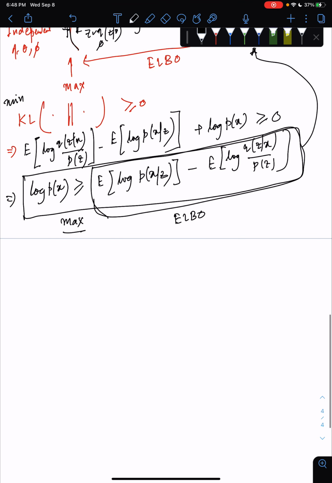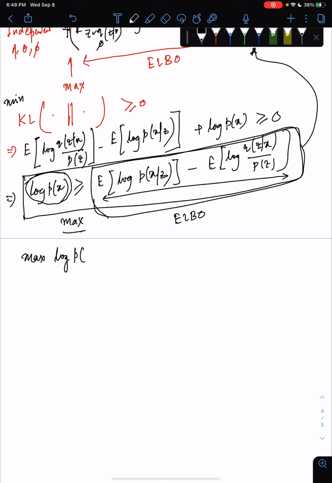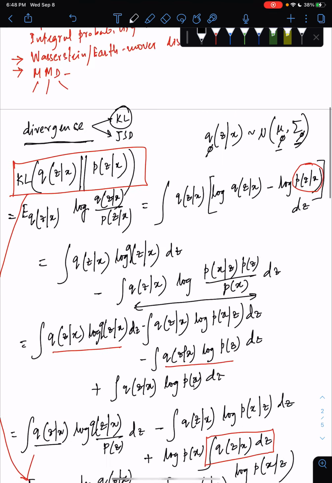Now if I start from this marginal distribution, and it has a lower bound, which is this, our job is to maximize log p of x, but we cannot do that. Why? Because this log p(x) is nothing but log of the integral of p of x given z dz.